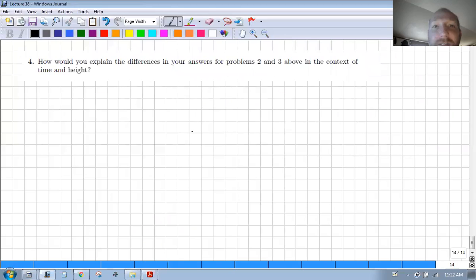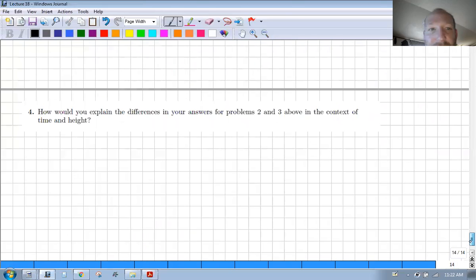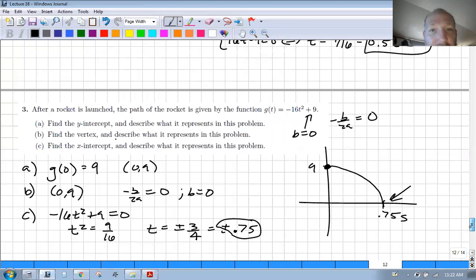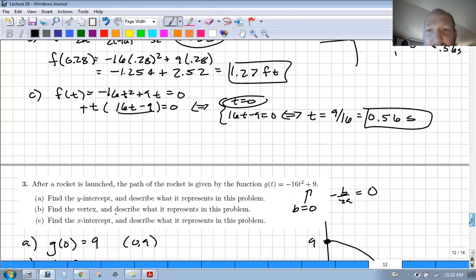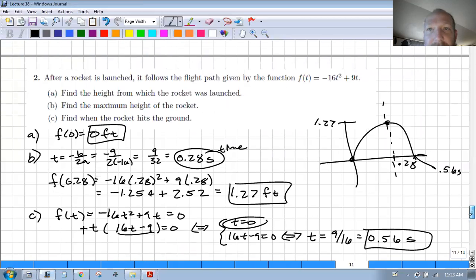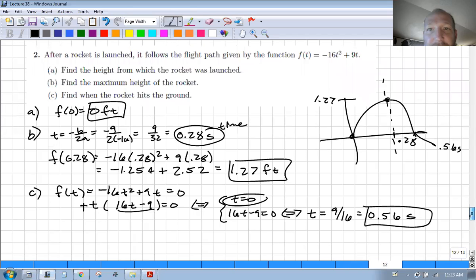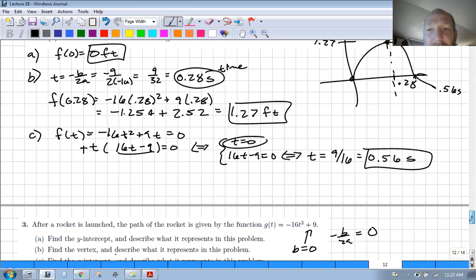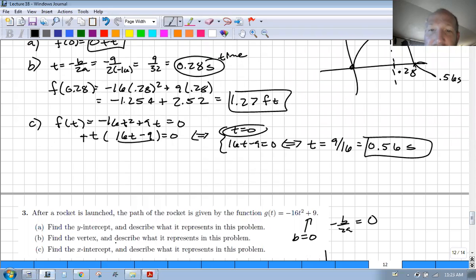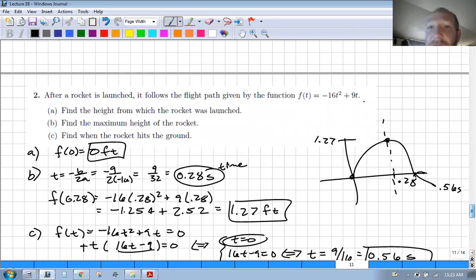All right, the differences in our answers for problem 2 and 3 above. Let's see, negative 16t. So it is the same function. No. Notice the difference. Negative 16t squared plus 9 versus plus 9t.